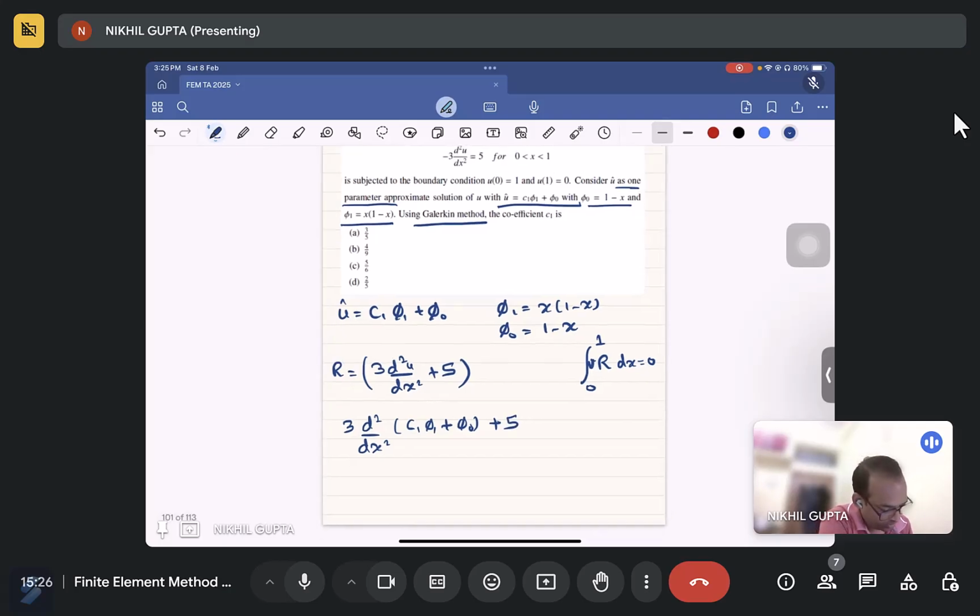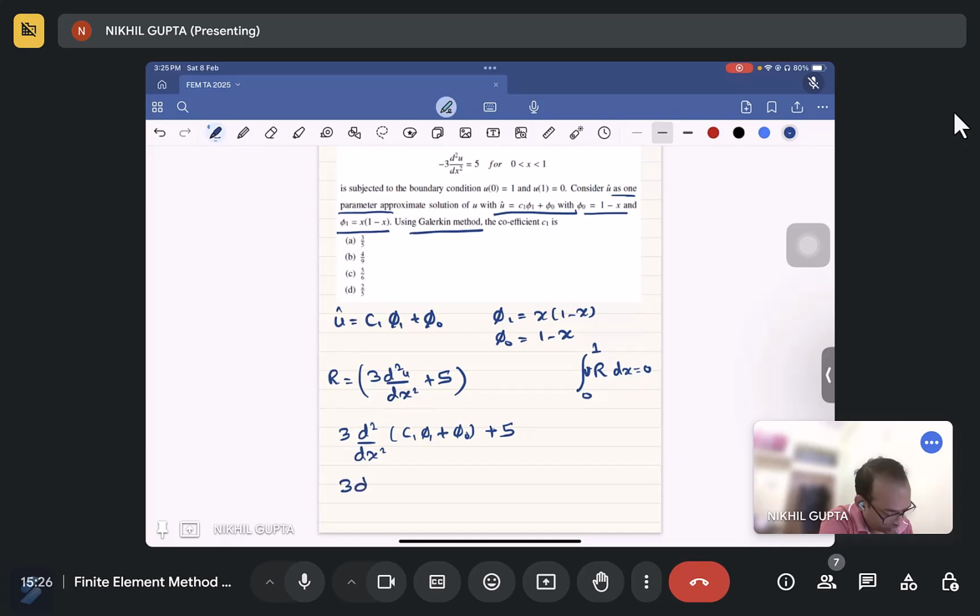Now let's put the values of phi 1 and phi naught as well: 3 d2 by dx square of C1 x(1 minus x) plus (1 minus x), plus 5.